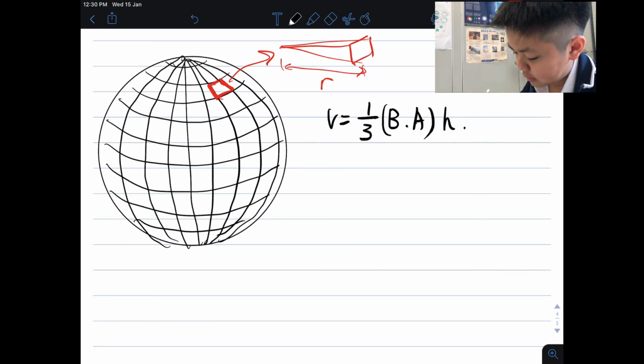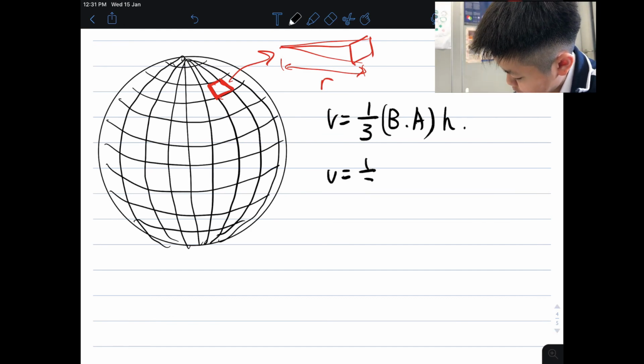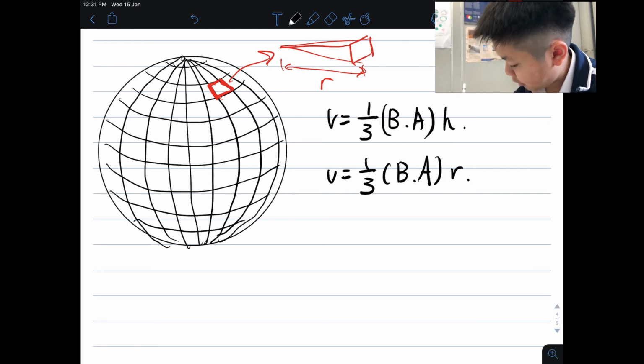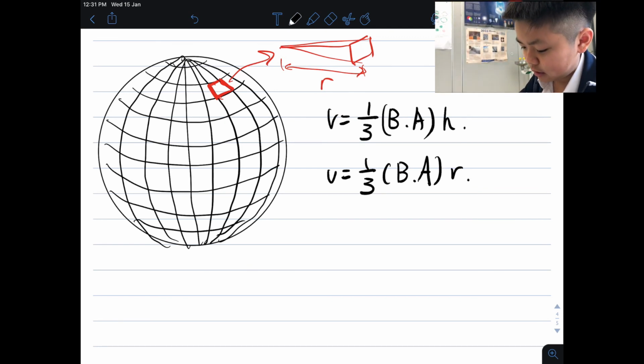In this case, as the height is r, we can turn it into one third base area times r. The base area of the pyramid here is one box, and the n pyramids' base areas together will be the surface area of the sphere.